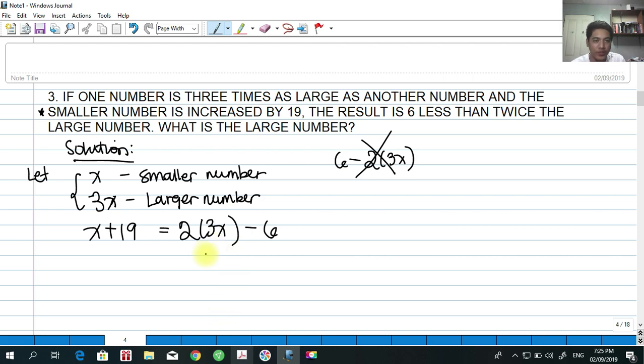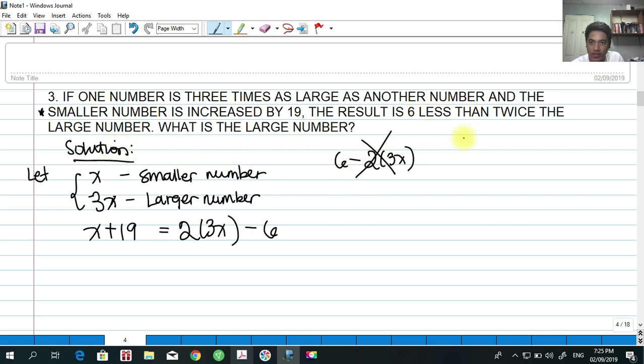So again, let's recap. We have two numbers. We have the small number x, and the relationship of the larger number to the small number is that it is 3 times as large. Okay? And we have the following condition again. The smaller number is increased by 19, which is denoted by this. The result is, which is equal, 6 less than twice the large number.